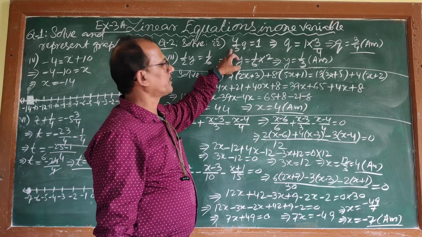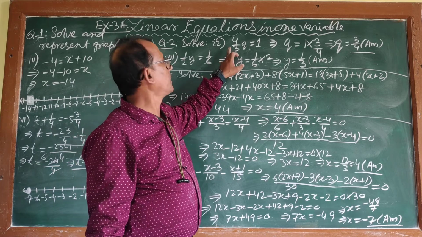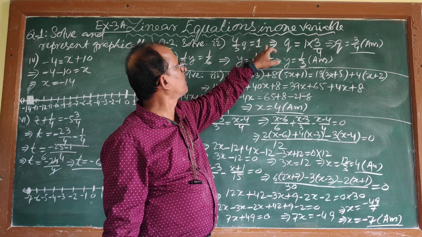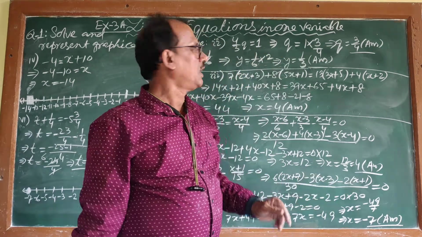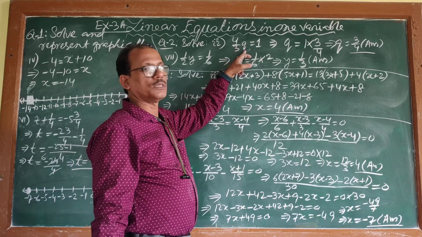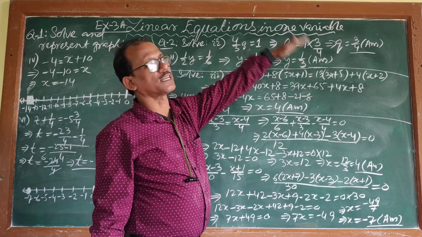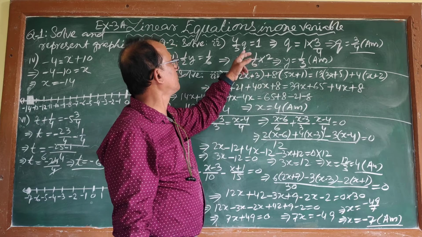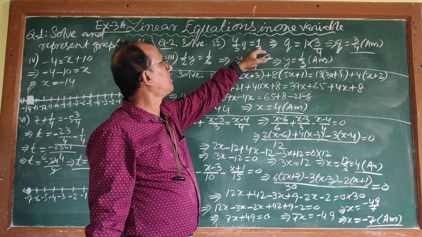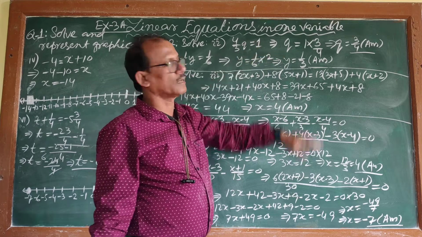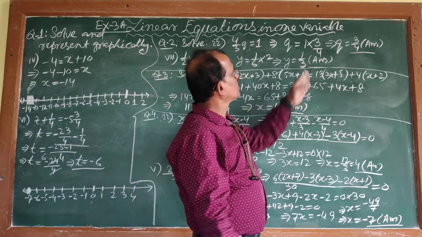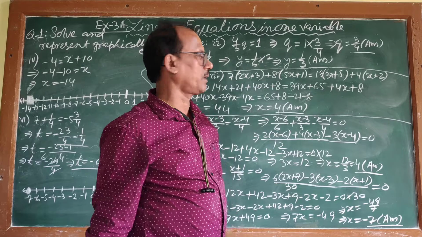That means 4 by 3 was multiplied on this side, so 4 by 3 will be divided on that side. 1 divided by 4 by 3 becomes 1 into 3 by 4, which is equal to 3 by 4. So the value of q becomes 3 by 4.